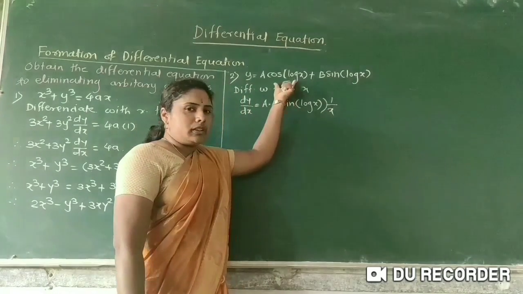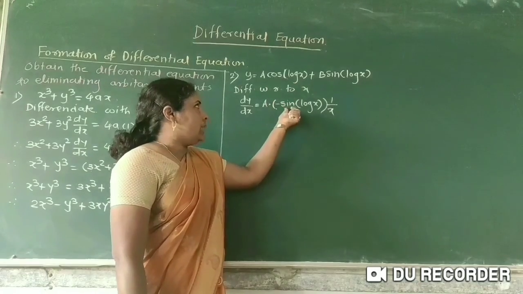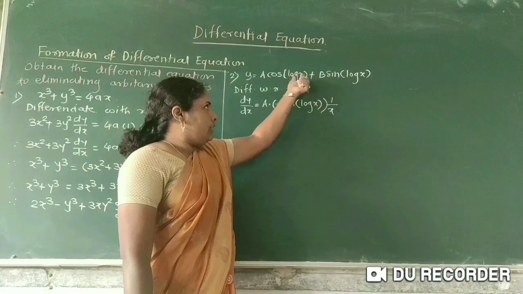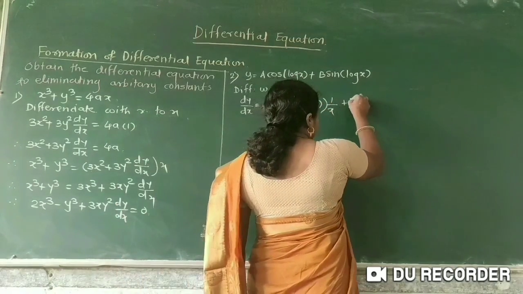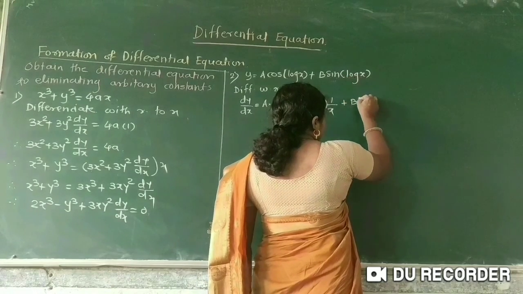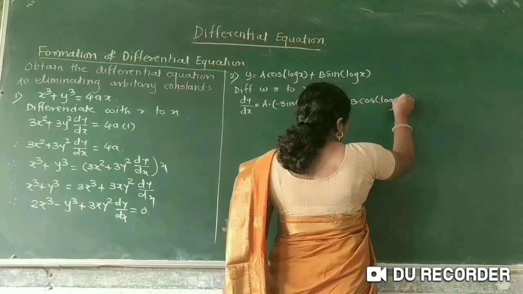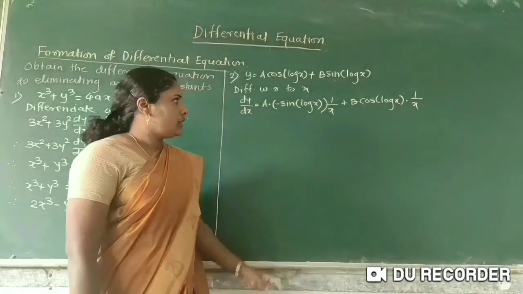This is the composite function. Therefore, first take the derivative of cos is minus sin, then derivative of log x is 1 upon x, plus b into derivative of sin is cos log x into derivative of log x is 1 upon x.